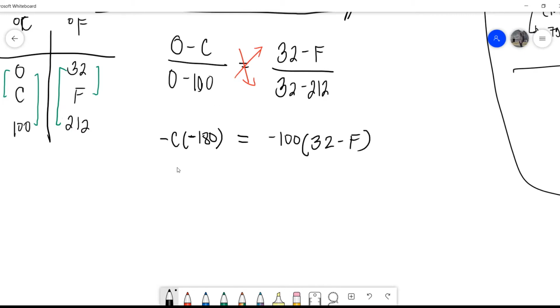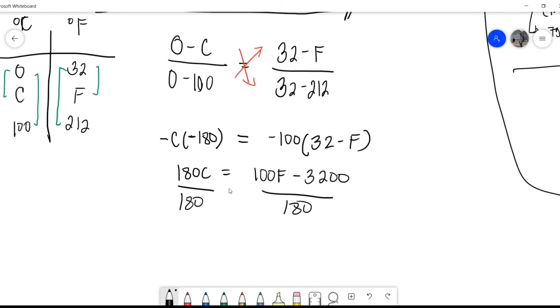So we will have 180C equals 100F minus 3,200. We are finding the value for the degree centigrade, or C, so let's divide both sides by 180.